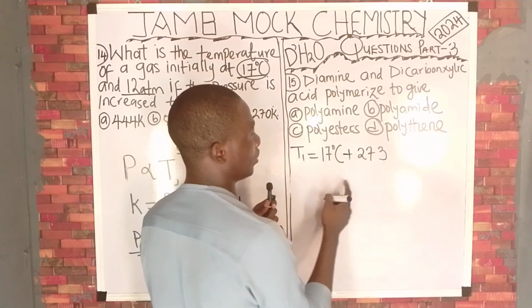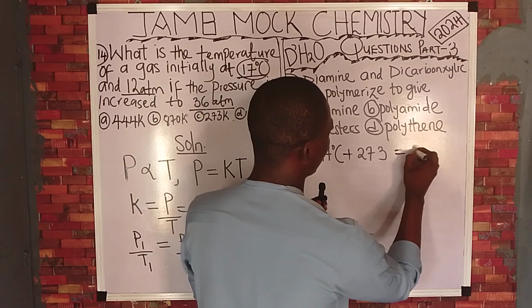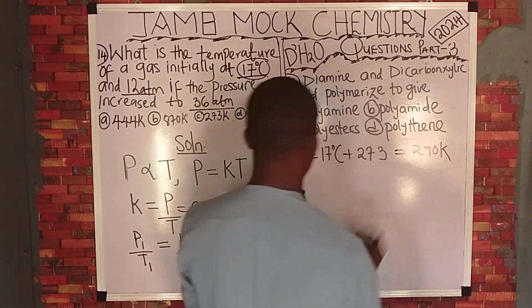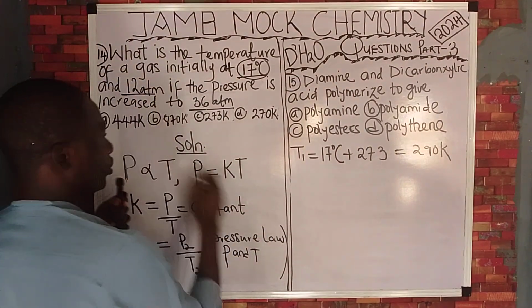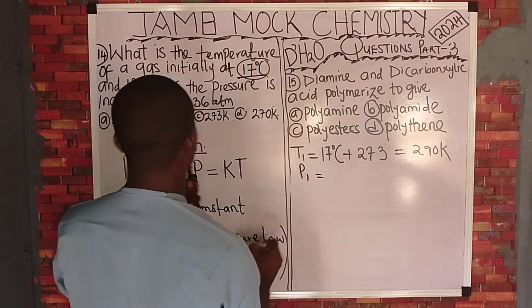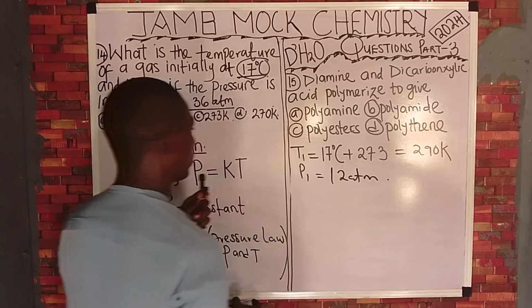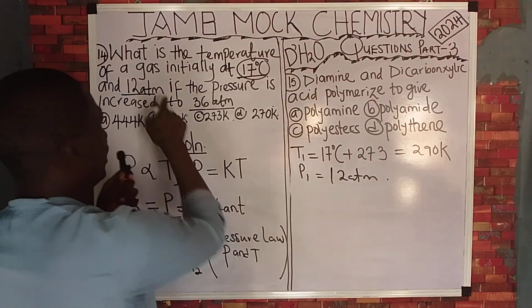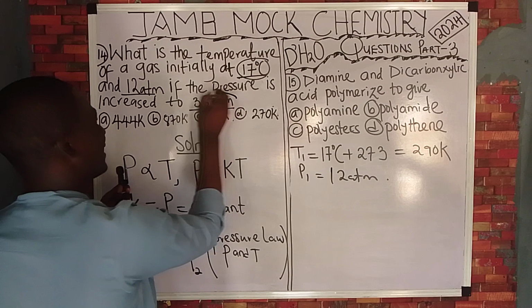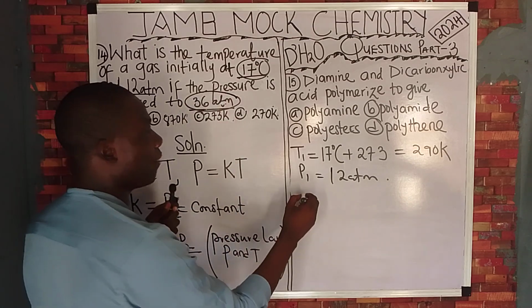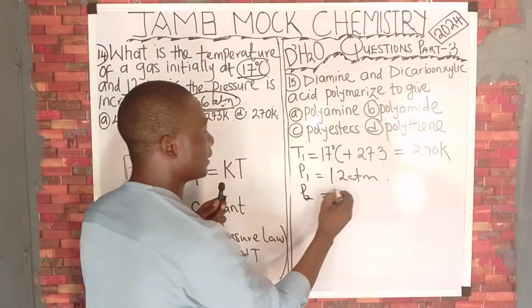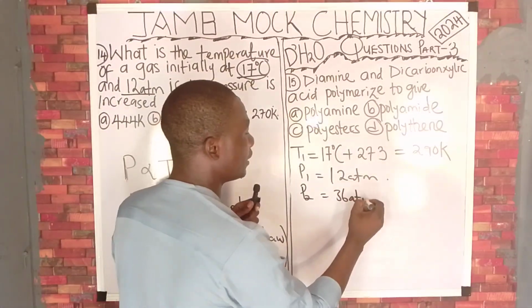If you add 17 to 273, you get 290 what? Kelvin. Now the pressure P1 is equal to 12 atm, which is atmospheric pressure. If the pressure is increased to 36, then our P2 is 36 atm.